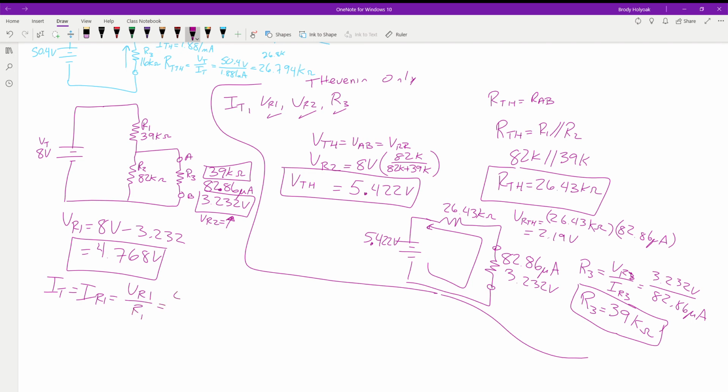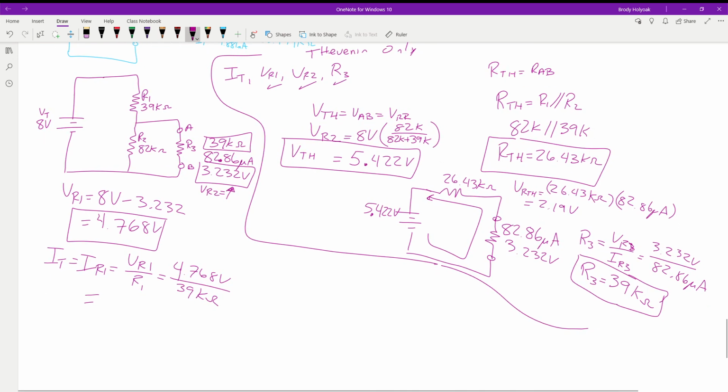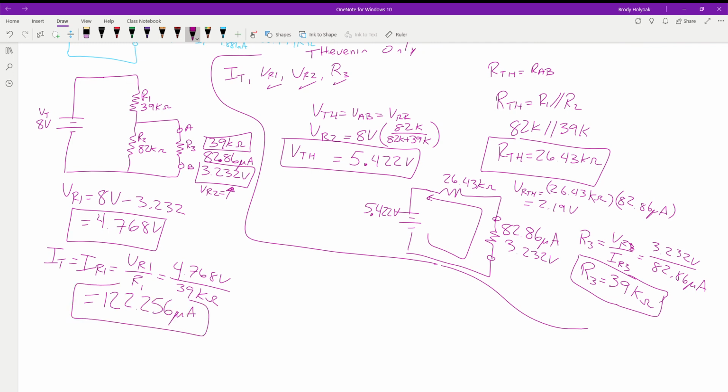We get 4.768 volts divided by 39 kiloohms, giving us a grand total of 122 microamps.